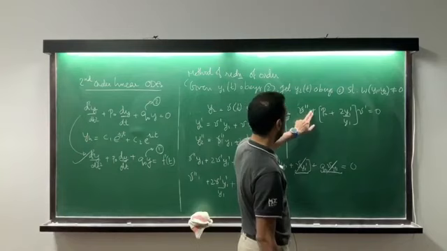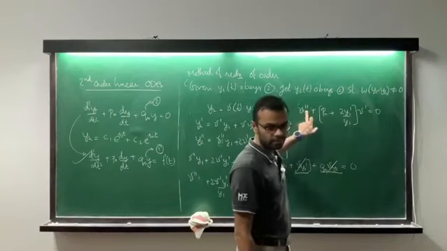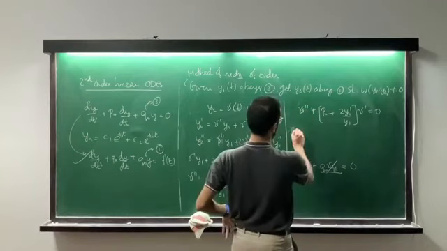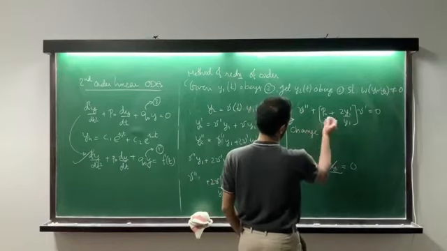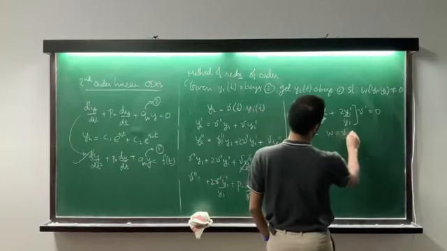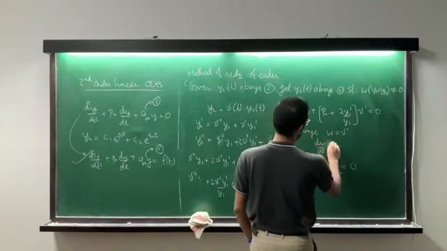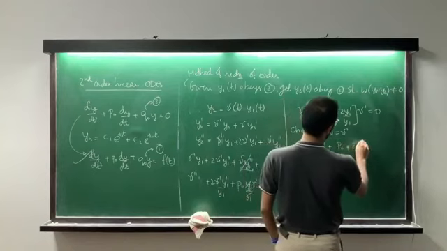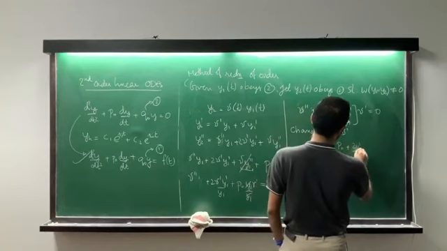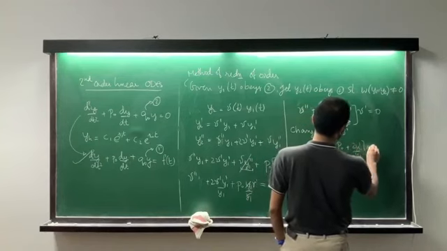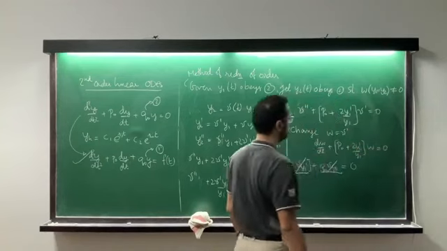This is a first order ODE for nu prime. So if I just change definition, I call w equal to nu prime, then this equation basically is dw by dt plus p naught plus 2 y1 prime by y1 times w is equal to 0. Okay, so I am done.